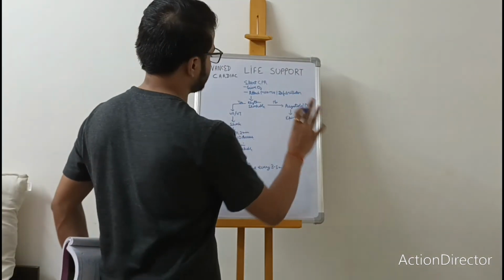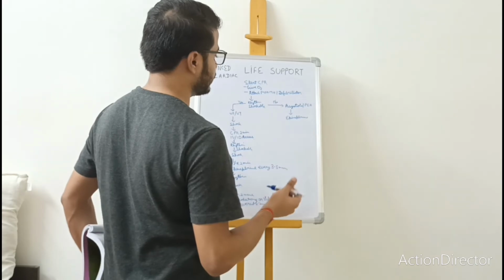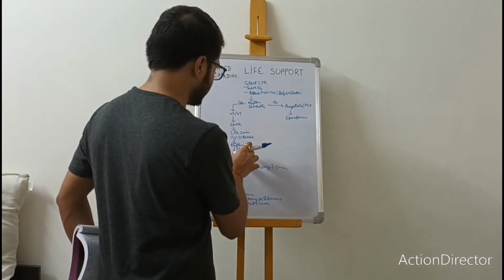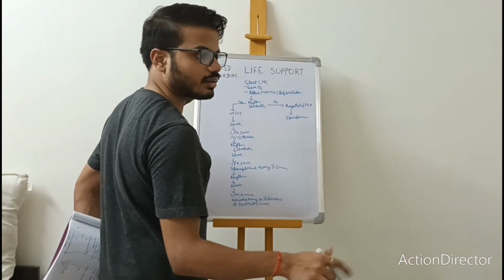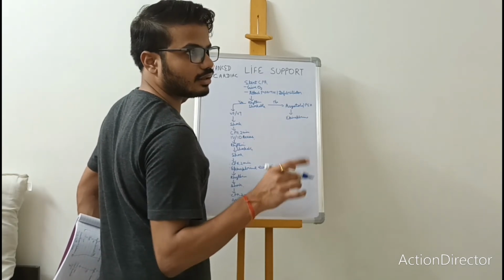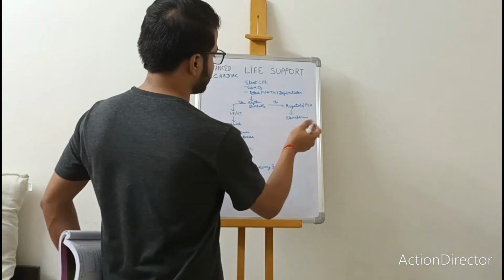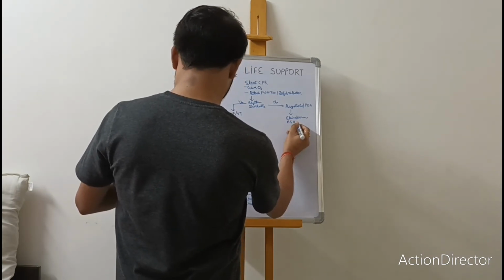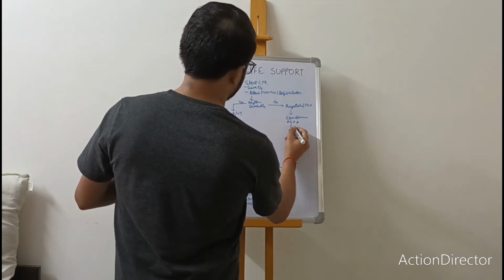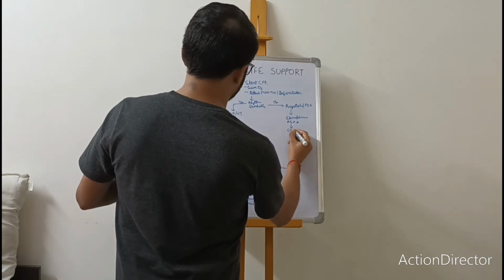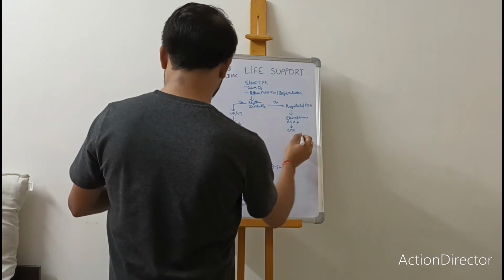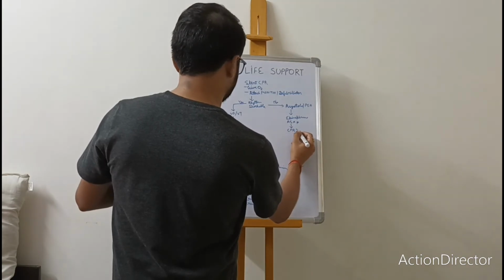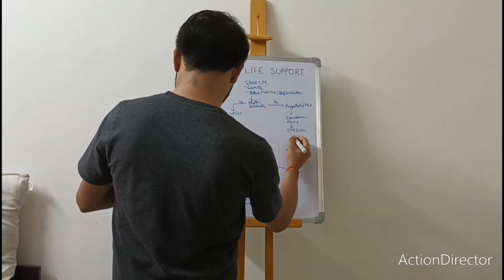If the rhythm is not shockable initially, then we stop all these steps, just ask for the IV access to be done, and then we give epinephrine as soon as possible, right? Then we give CPR, right? We don't give CPR first here. Then we give CPR for 2 minutes, right?